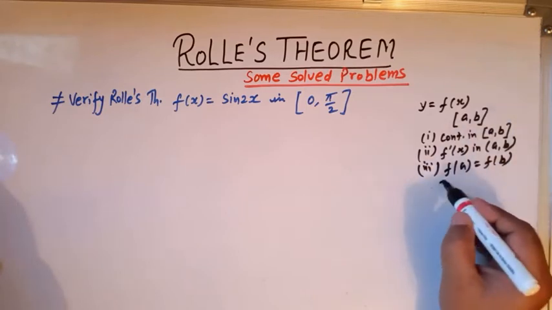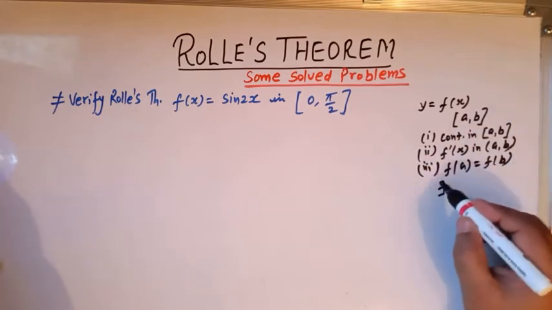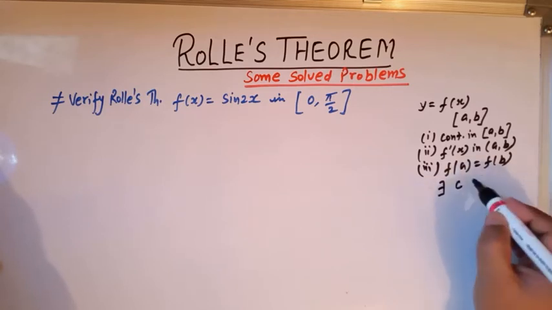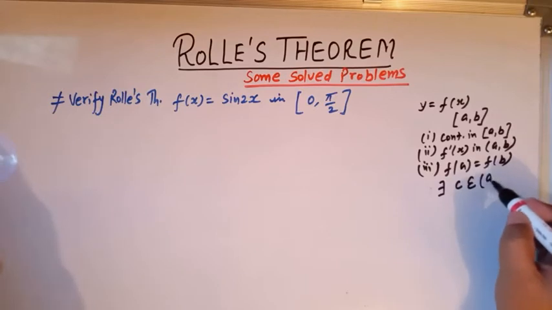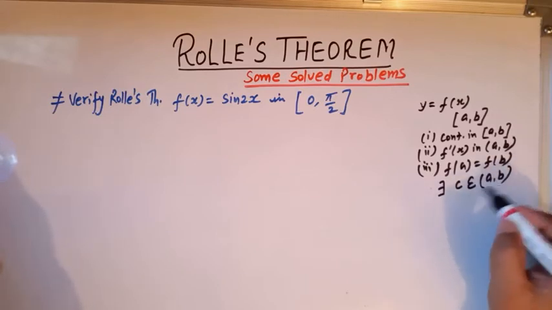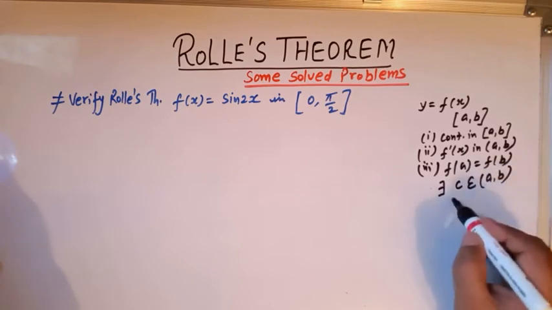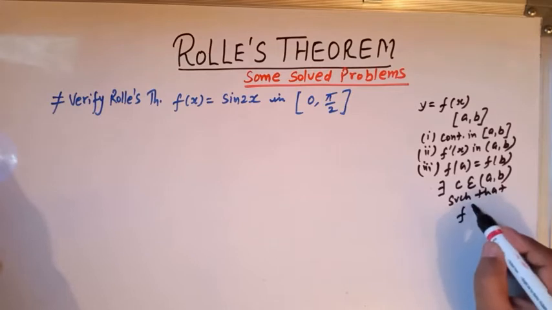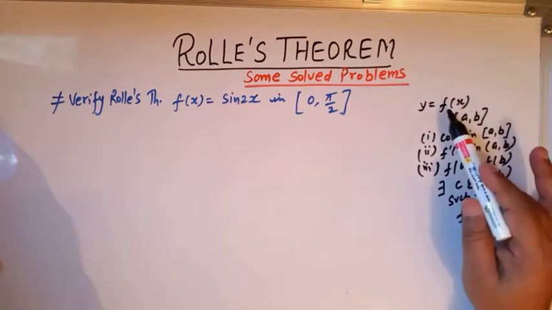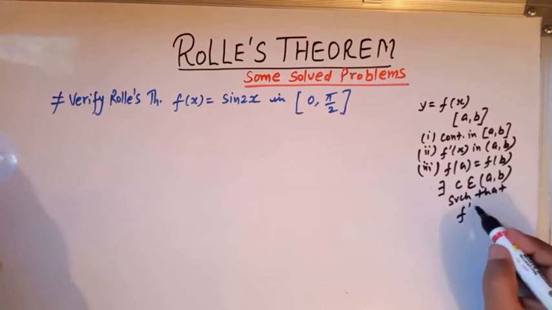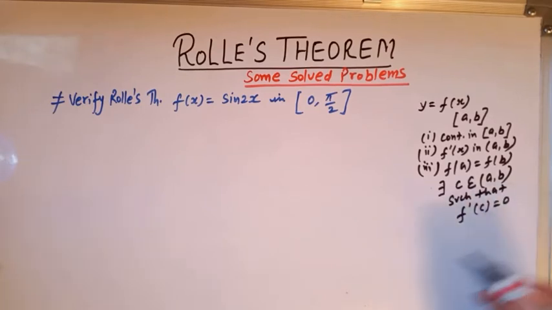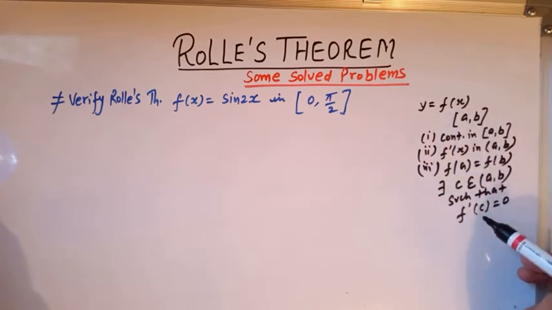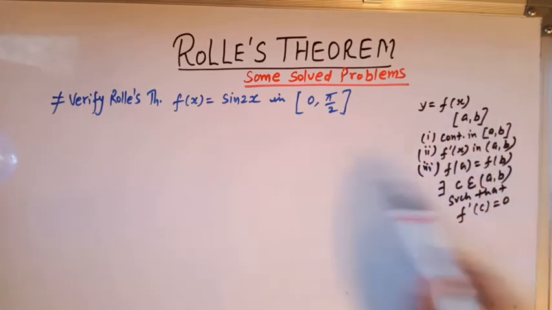Then there exists a real number c belonging to this open interval (a, b) such that the derivative of this function at this point c is 0. That is, the slope of the tangent at this point c is 0. Clear?